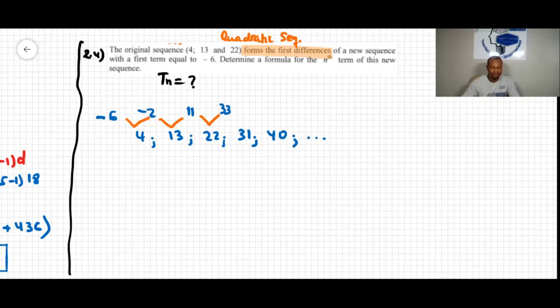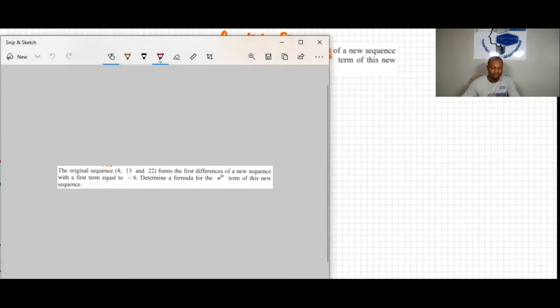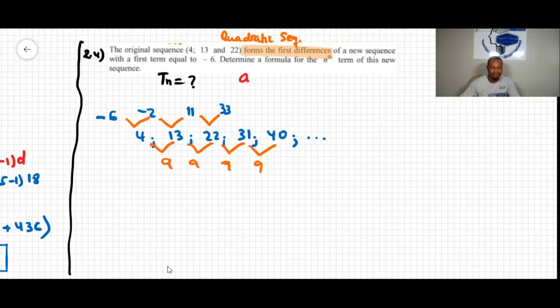We know that the second difference was 9, as we calculated, so it is 9, 9, 9. The second difference is constant. So what do we know about the quadratic sequence? The second difference d2 is equal to 2a, so a equals the second difference over 2.